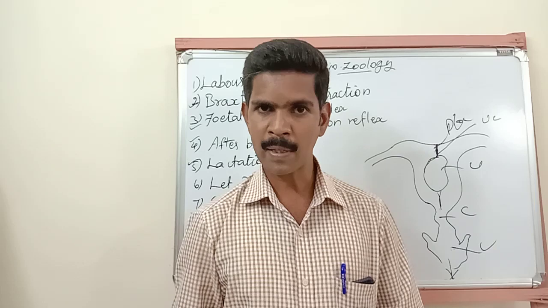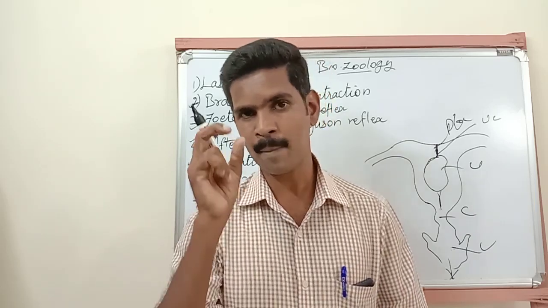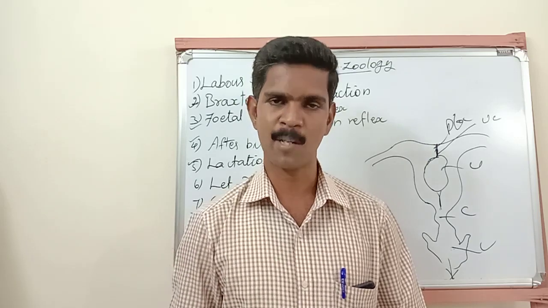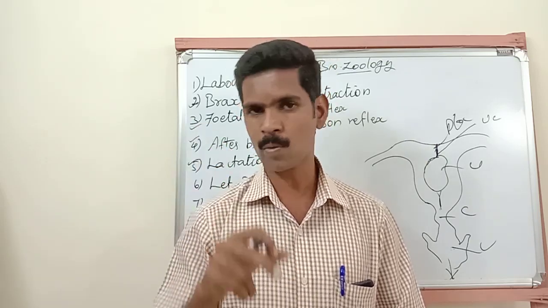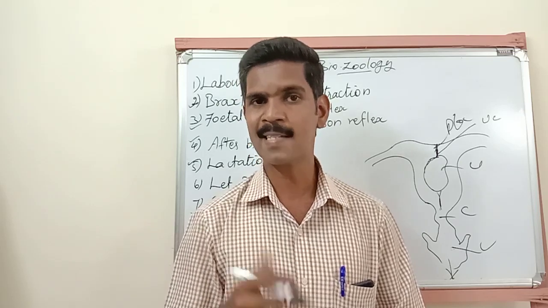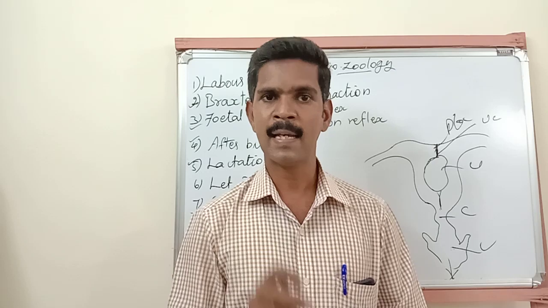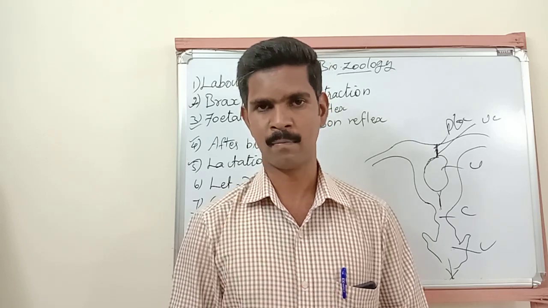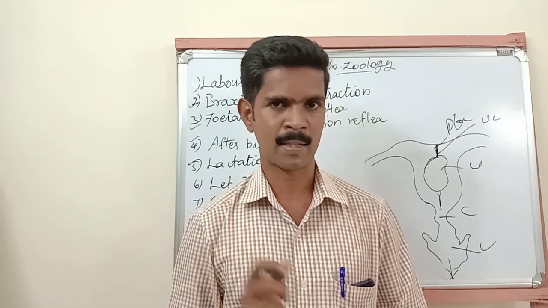Because of the increased production of these hormones, the hypothalamus region of the brain is stimulated. Hypothalamus is one part of the brain. Immediately, the hypothalamus releases one factor, called prolactin releasing factor.